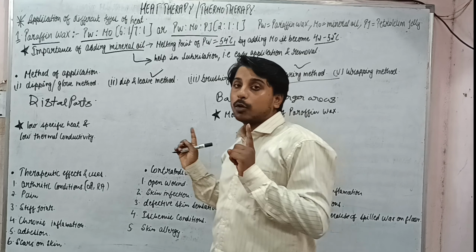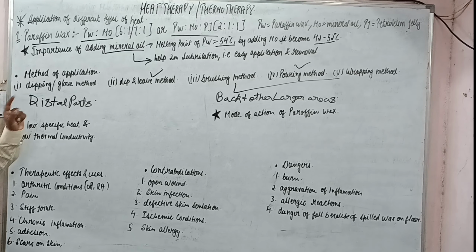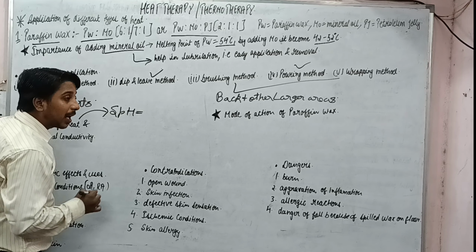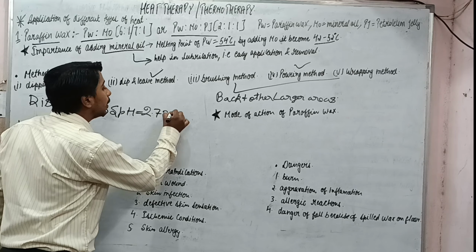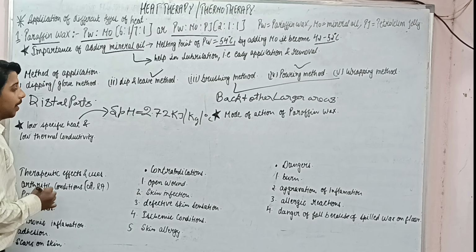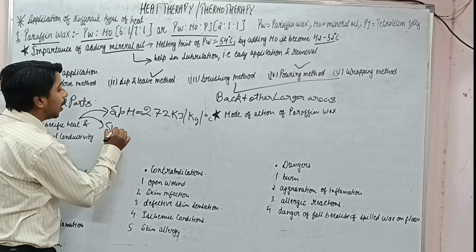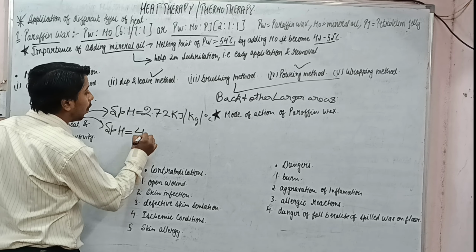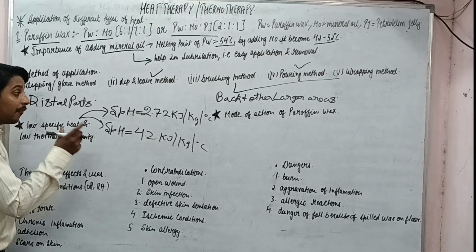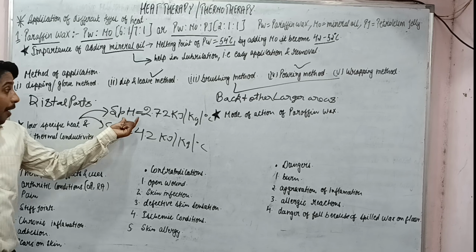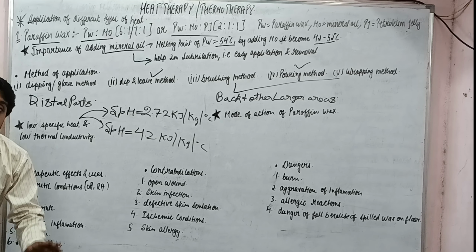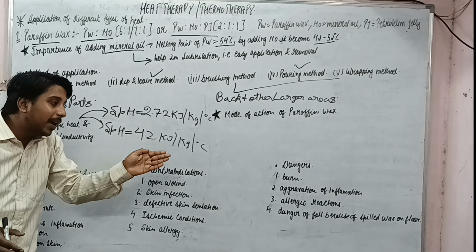Now, two important points are that paraffin wax has a low specific heat. The specific heat of paraffin wax is 2.72 kilojoule per kg per degree Celsius, while the specific heat of water is 4.2 kilojoule per kg per degree Celsius. What does this mean? Whenever we apply paraffin wax to our body, the heat will move from the paraffin wax to the body.